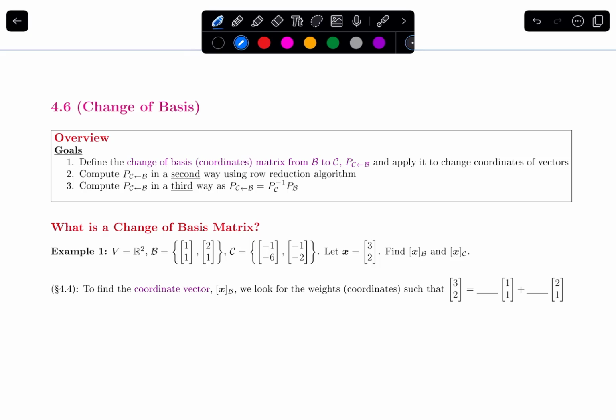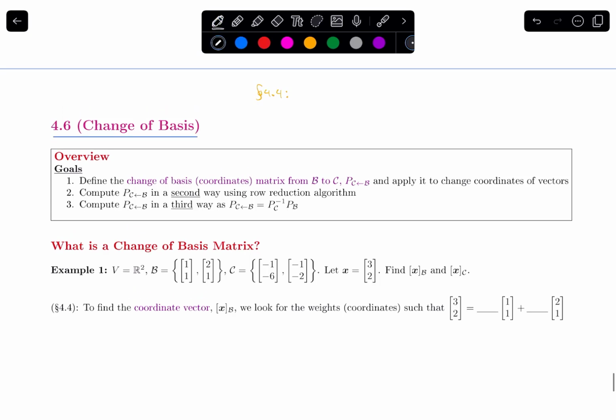In this video, we are starting section 4.6 on the change of basis. So back in section 4.4, we talked about coordinate vectors. We talked about when we were given some vector x and we had some basis b, how we can go from that starting vector x and express its coordinate vector.